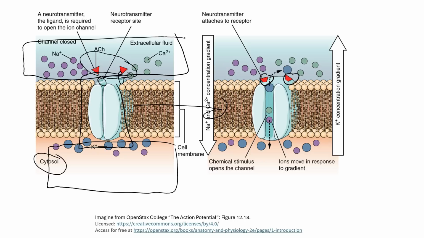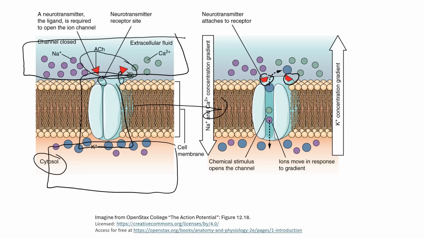And then when a ligand, which is just a chemical messenger, like a neurotransmitter, neurotransmitters are ligands, comes along and binds to that ligand-gated channel, then the gating will be removed, and all of a sudden, specific ions or other molecules would then be able to move through that specific receptor or channel.